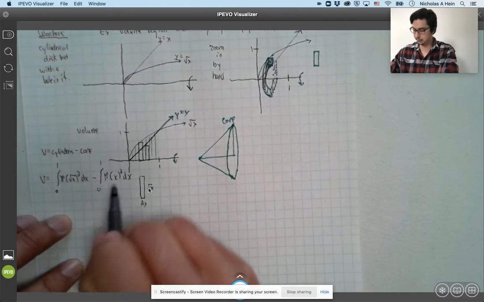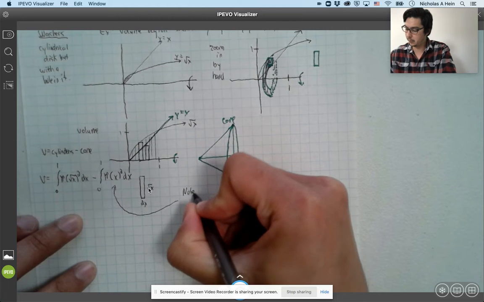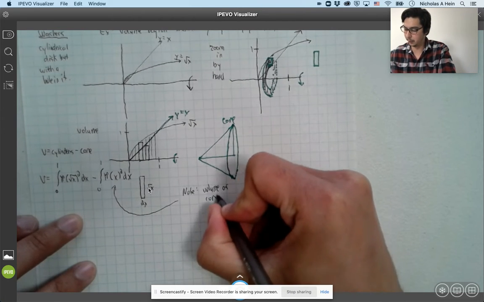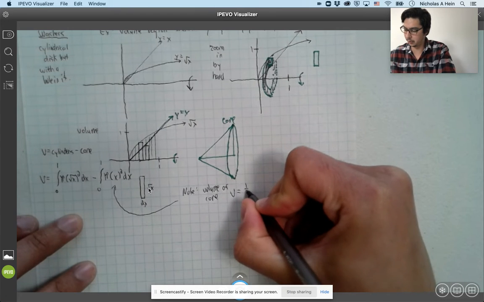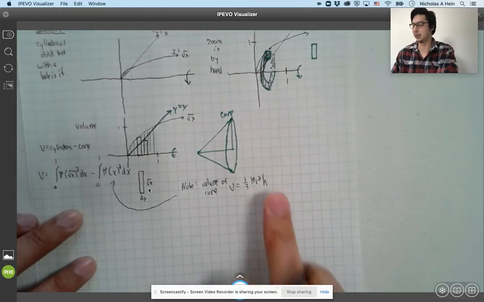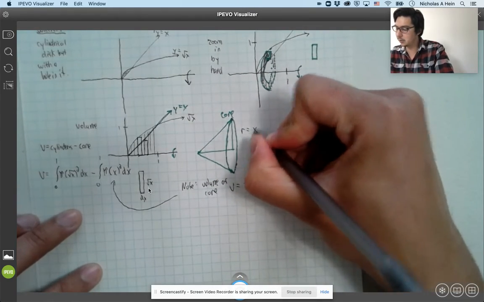Now do note that we could have just done the volume of the cone using the formula, where the formula is 1/3 pi r squared h, really because it comes from 1/3 of a cylinder. Well, the radius of this cone here is x.